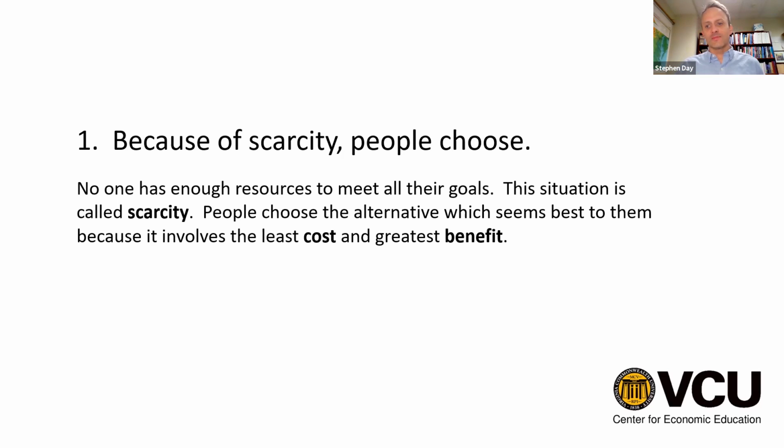But sometimes the goals that we have for life are in tension with each other. You can't have all of them. So we don't actually have enough resources to meet all of our goals. Our goals might be: we want stuff for our children, things for ourselves, things for our community, things for our world.